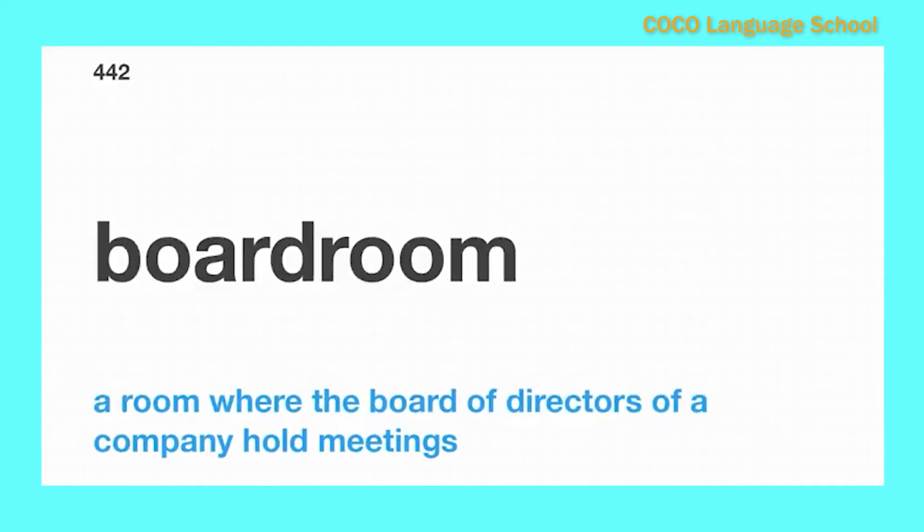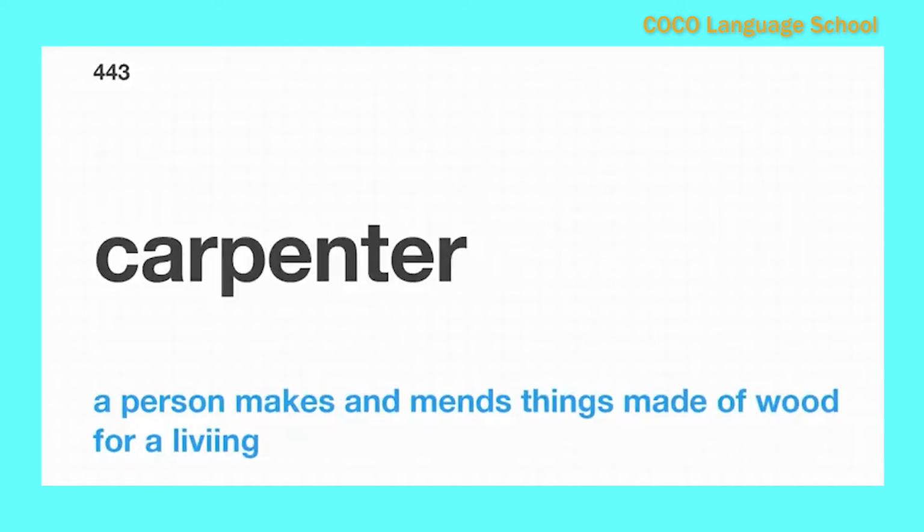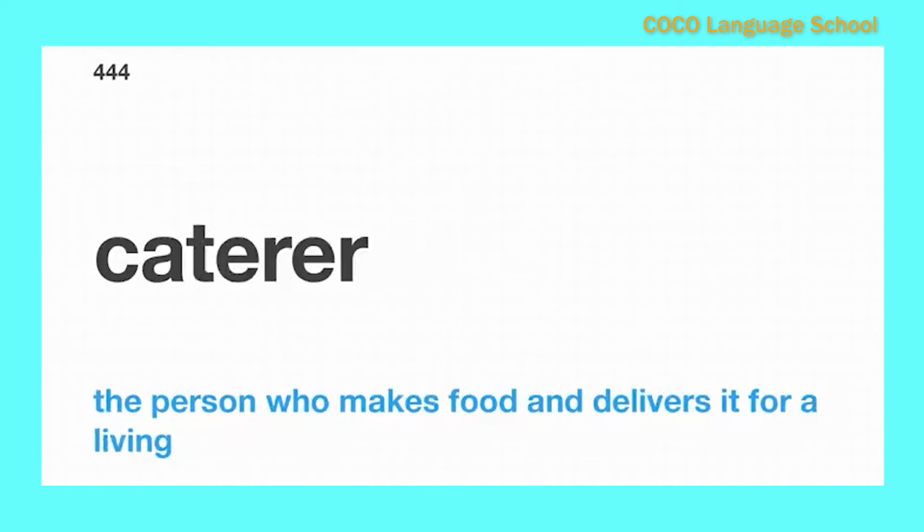A room where the board of directors of a company hold meetings. Boardroom. A person makes and mends things made of wood for a living. Carpenter. The person who makes food and delivers it for a living. Caterer.